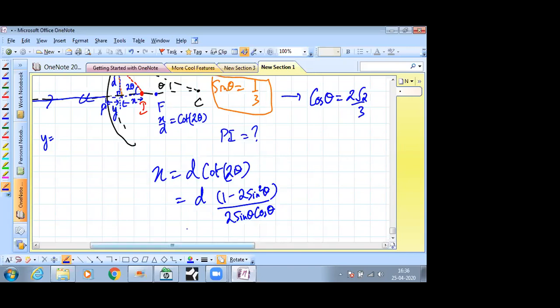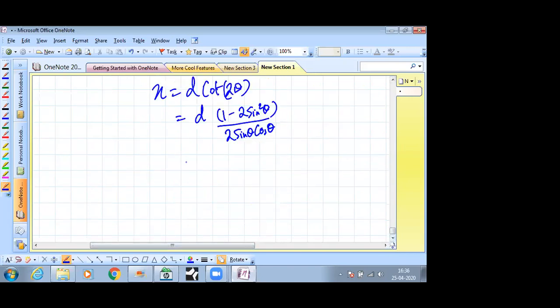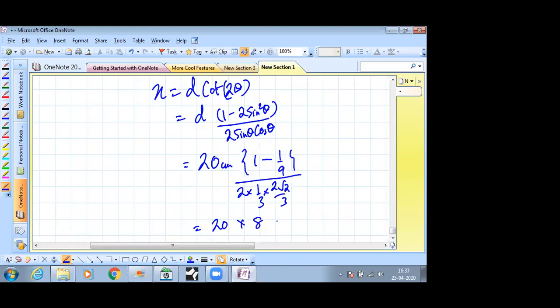So substitute that here. So D was 20 centimeters into 1 minus sine square theta. So that's 1 by 9 divided by 2 sine theta cos theta. So 2 times 1 by 3 into 2 root 2 by 3. So this will actually become 20 into 8 by 9, but the 9 will cancel in the denominator, divided by 4 root 2.